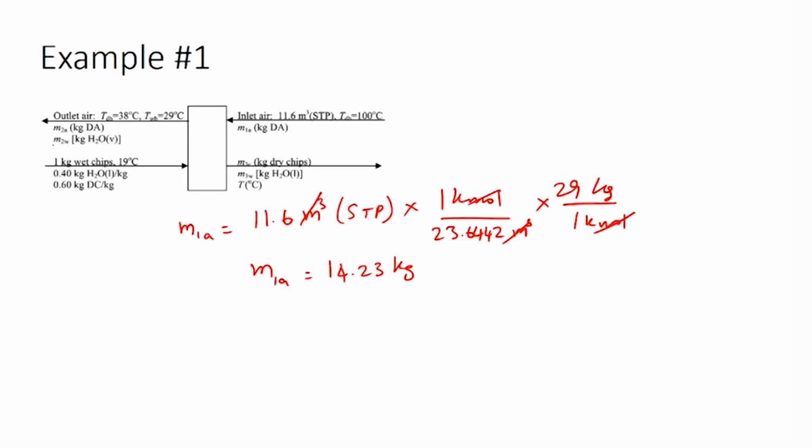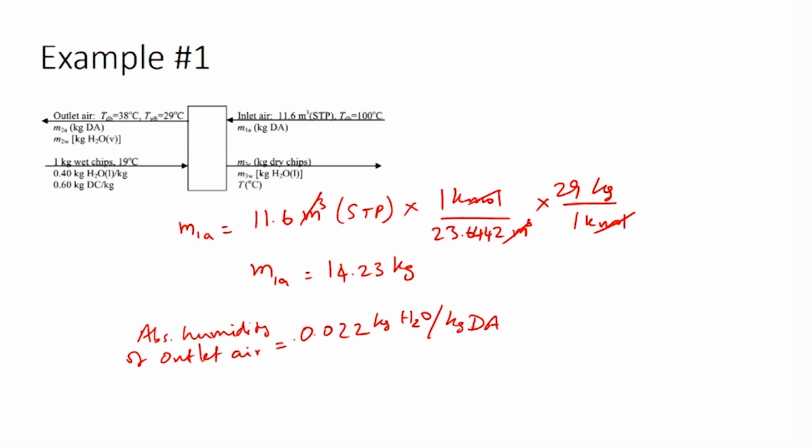However, we need to calculate the mass of water which is leaving the system along with the air, which is M2W. We know that the absolute humidity for the air water mixture leaving the system is 0.022 kilograms of water per kilogram of dry air. This is the absolute humidity of the exit stream, which is the outlet air.